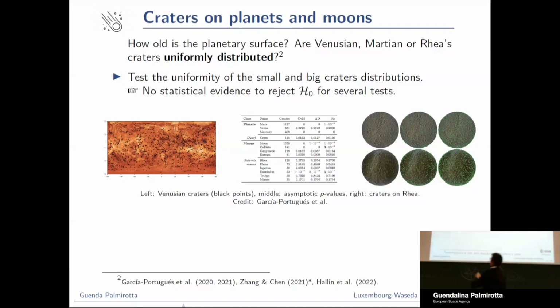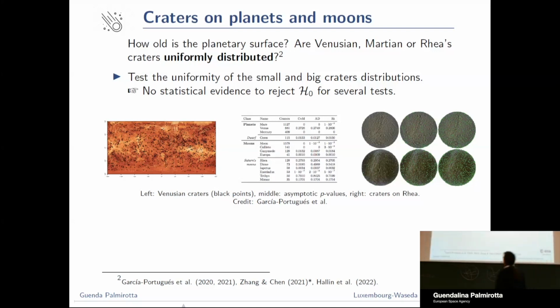Here you can see, on your left, the Venus surface. The black points are the craters detected. The same is for the moon of Saturn, Rhea, where it is the green dots.